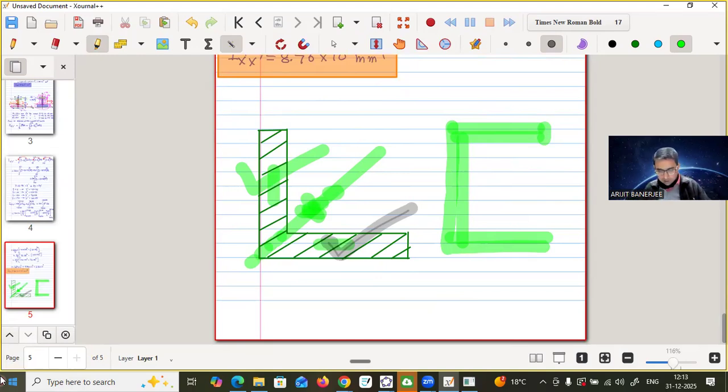Let me see if some other problems are there or not. You can at least practice these problems. Practice more and more so that you can do it in one run, so that you don't lose time during examination. Before that, you practice a lot.